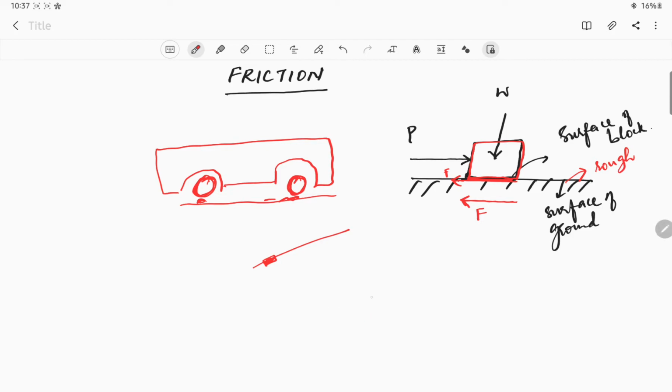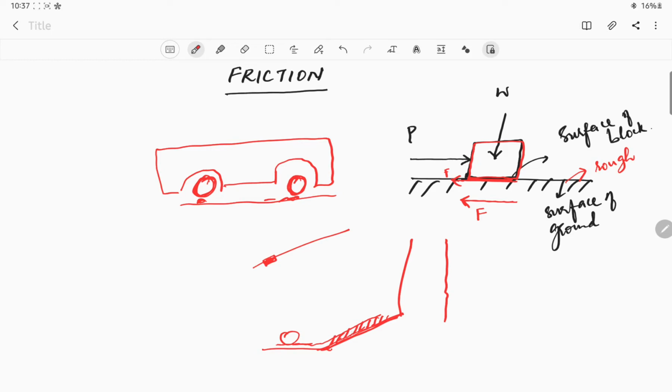Suppose I have a building here and there is a road here. So we construct a ramp. On the ramp also we give some protrusions like this, as seen from the sectional view, so that if the vehicle comes and tries to move in the upward direction, there is friction between the surface of the ramp and the surface of the tire.